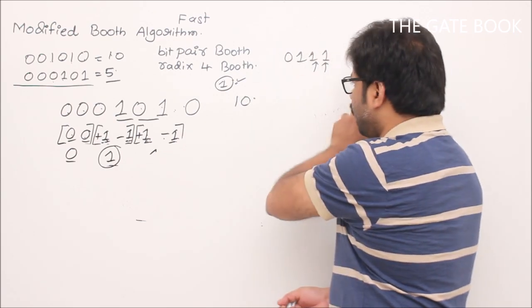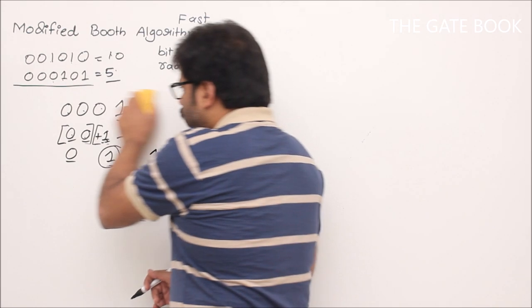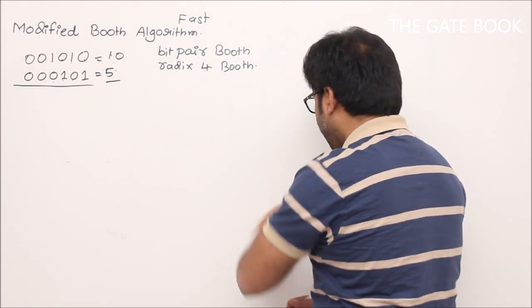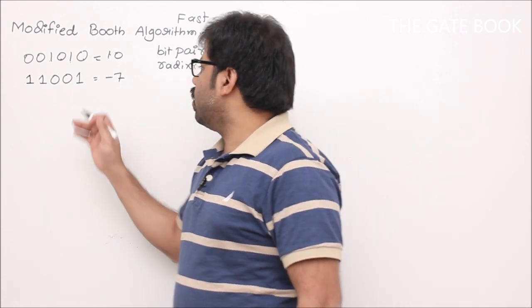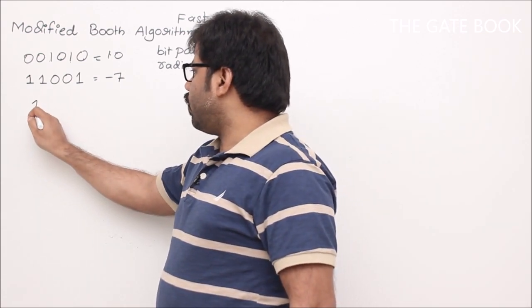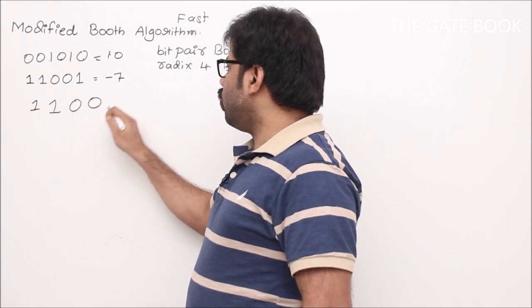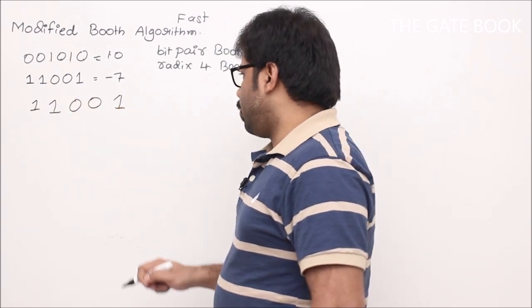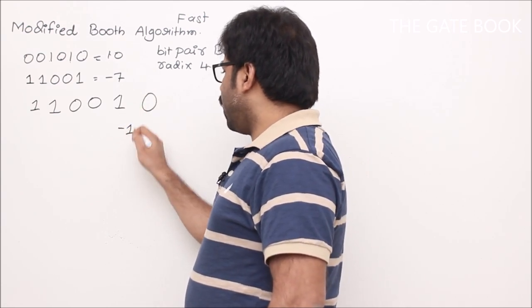To understand it easily, we'll take one more example. This time the multiplier is -7. So it's a negative number. First of all, convert it into a Booth multiplier: 1 1 0 0 1, right? The first step, we add a dummy bit 0: 0 0 1 minus 1, right?